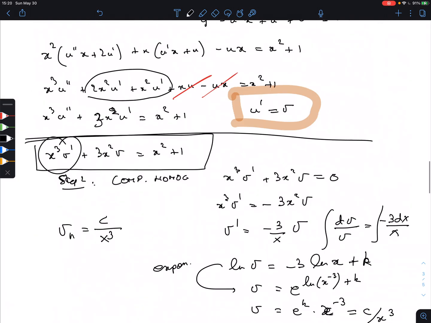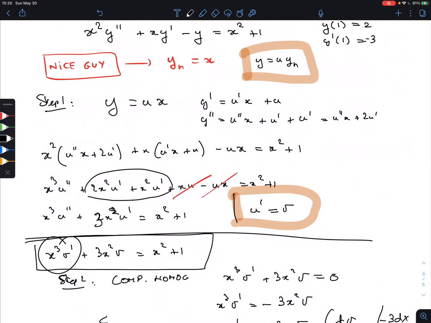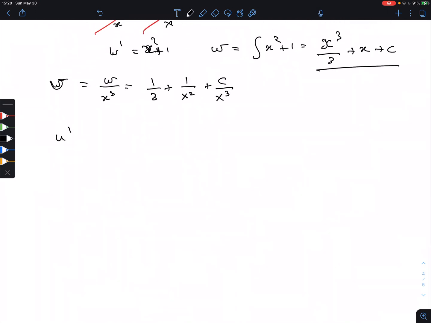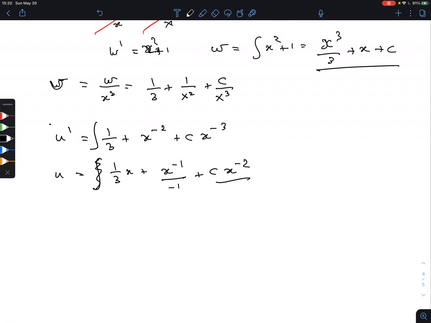Am I done? No, because where does v come from? It comes from here: u prime equals v. So u prime is 1/3 plus x to the minus 2 plus c x to the minus 3. Why do I write it this way? Because I'm going to take the antiderivatives. So this is 1/3 x plus, antideriving is add 1 to the exponent divided by the exponent, plus c add 1 to the exponent divided by the exponent plus another constant, d.